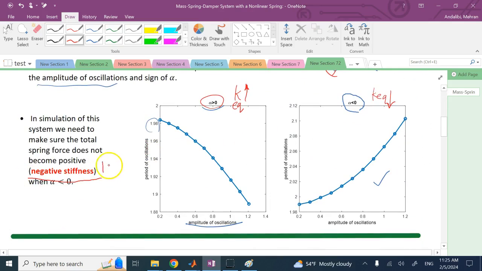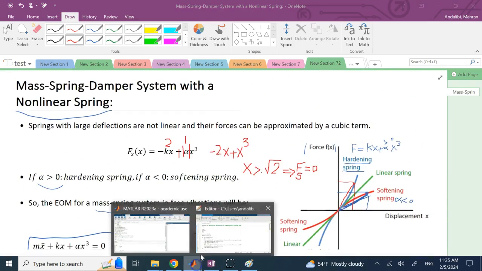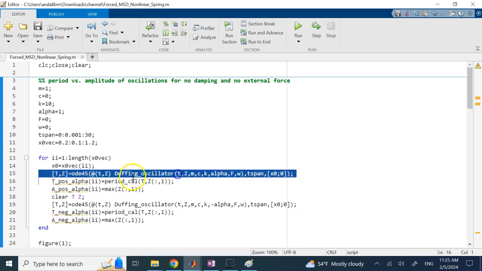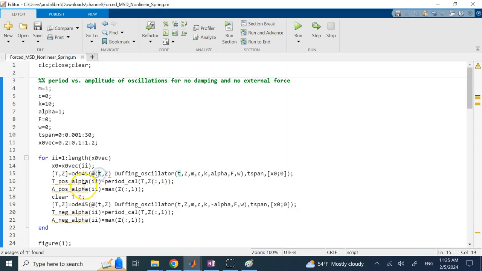So instead of this equivalent K being a positive number, what happens? This K becomes a negative. So like a spring is helping your system to vibrate, and then you see this amplitude of oscillations. If you do the MATLAB using ODE45 that I'm doing, here for a set of numbers I get the response.